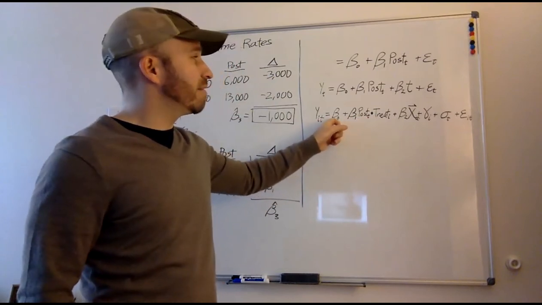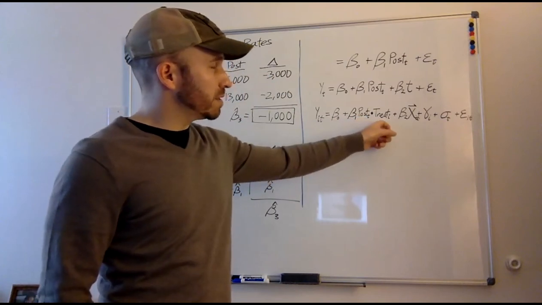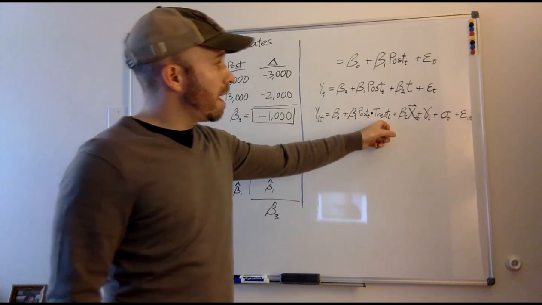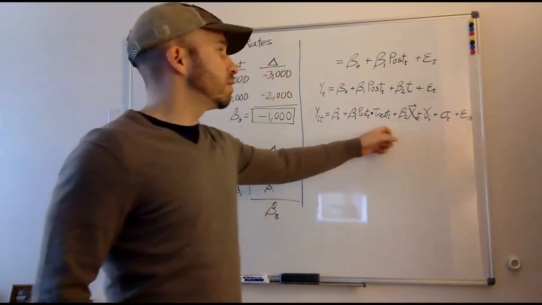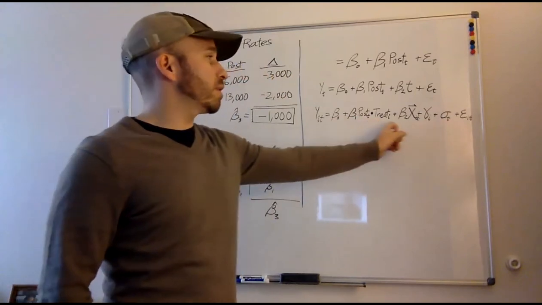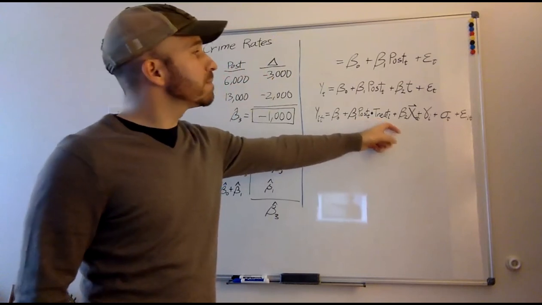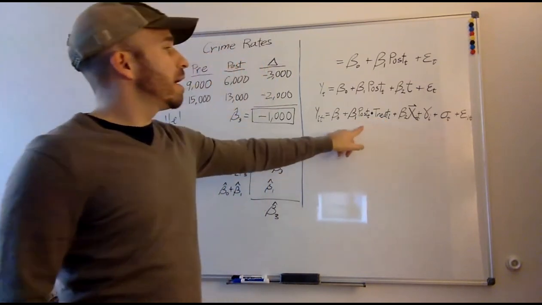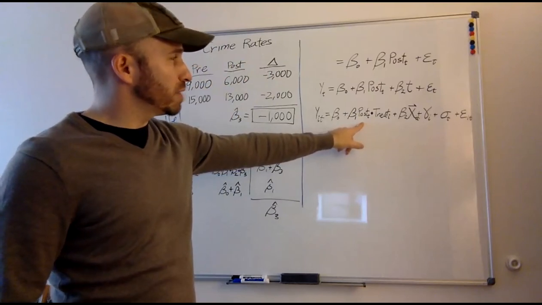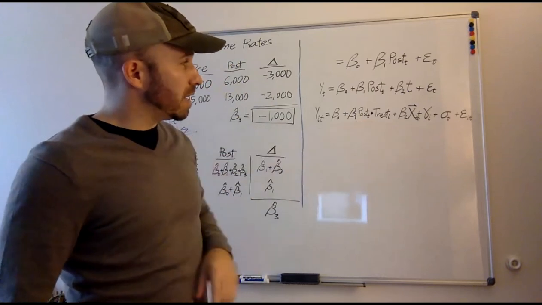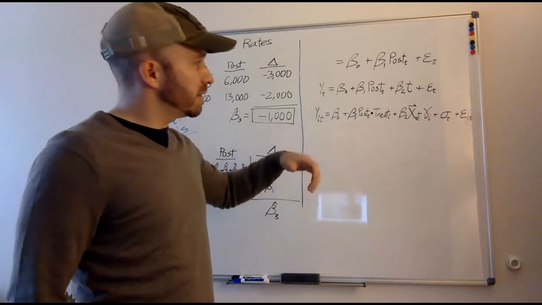So we're just going to have beta naught plus beta 1 times the interaction of post and treat, and then have those fixed effects that will account for whether or not a particular city was always among those that were going to be treated, and this will account for whether or not there were shifts for all cities at the time that the treatment came into effect, shifts in the crime rate in this case.